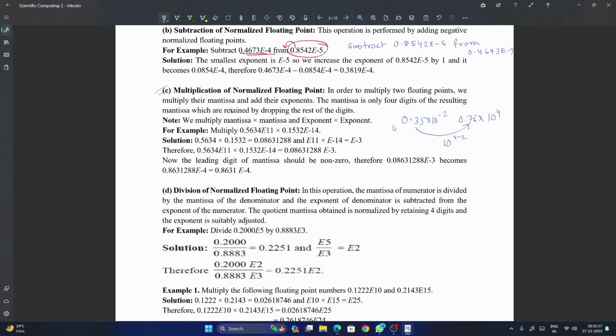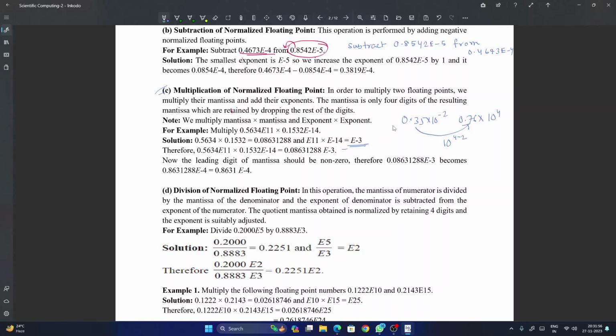So here you will get 0.5634 into 0.1532, which is a big number, 0.08631288, and after that E11 into E minus 14 gives you E minus 3. So your number is actually 0.08631288 E minus 3, but here the mantissa has a 4-digit format. So first of all make it normalized.